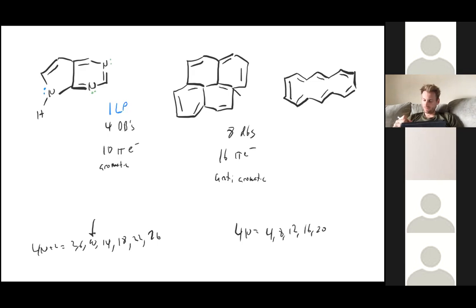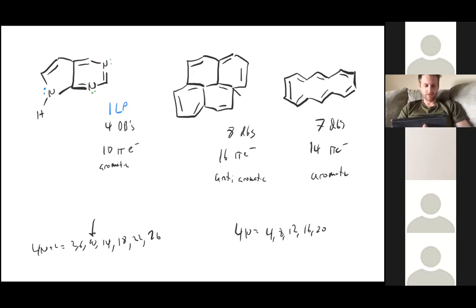Lastly, let's see, 1, 2, 3, 4, 5, 6, 7 double bonds. So 14 pi electrons, making this aromatic. Okay, so that's kind of aromatic versus anti-aromatic. We'll do a little bit more of this in recitation today.